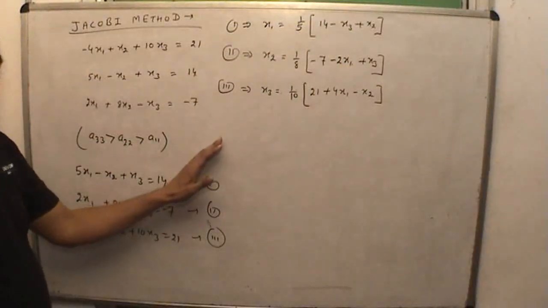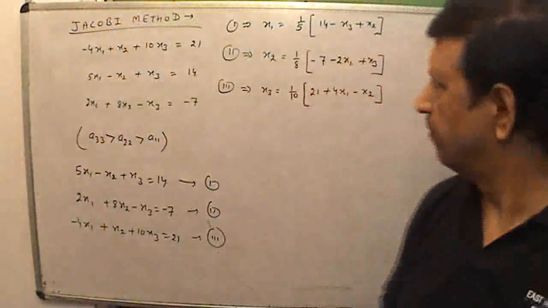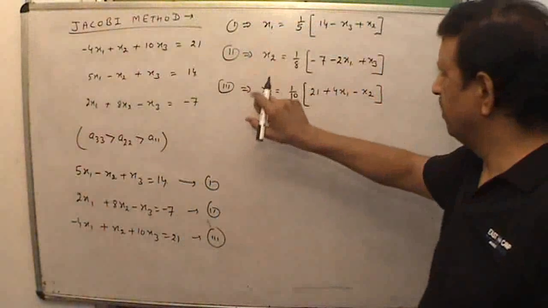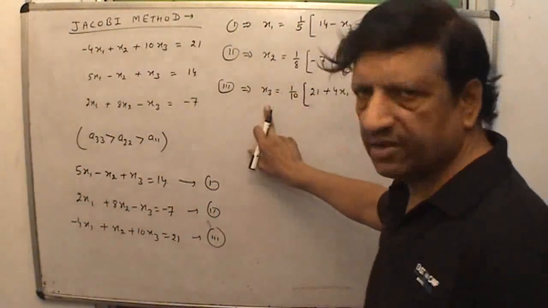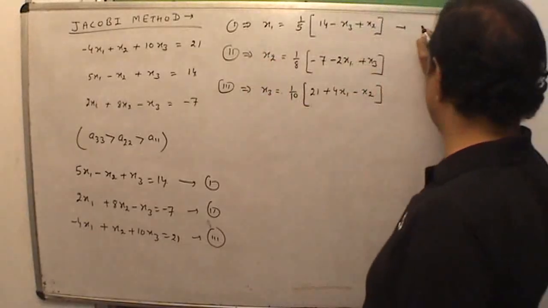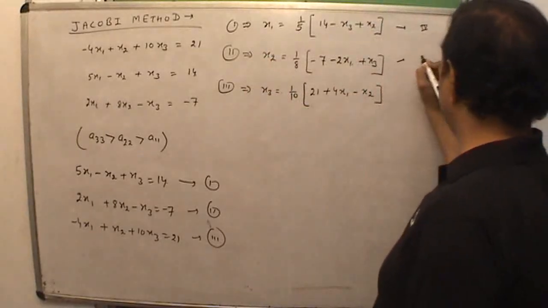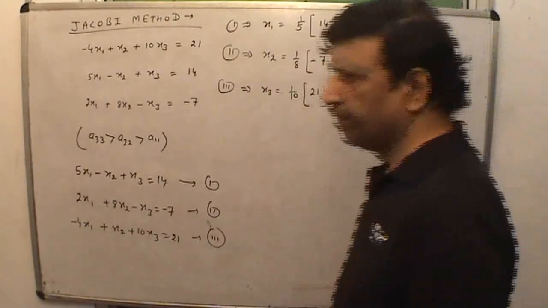That is why in the first step we reshuffle the equations, because from the first equation we find x1, from the second x2, and from the third x3. Now this system, say it is 4, 5 and 6. Now we have this system.